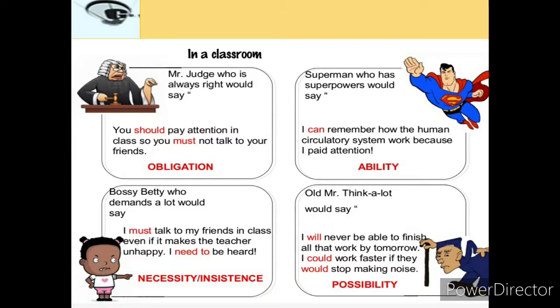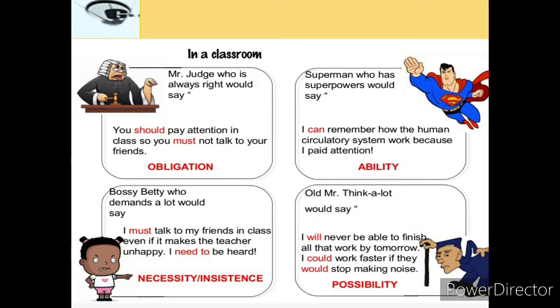In a classroom, Mr. Judge, who is always right, would say, "You should pay attention in class, so you must not talk to your friends. It's an obligation." Bossy Betty, who demands a lot, would say, "I must talk to my friends in class, even if it makes the teacher unhappy.